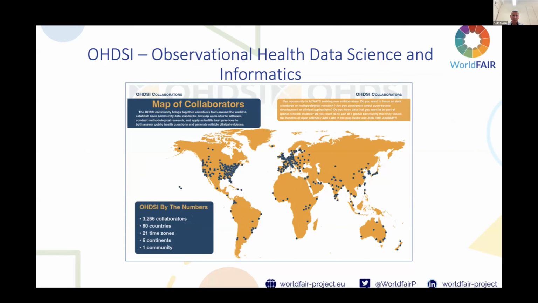A very large number of collaborators, a very large number of engaged countries, a very developed information and support network, which is valuable to people who may be embarking on this kind of work for the first time.